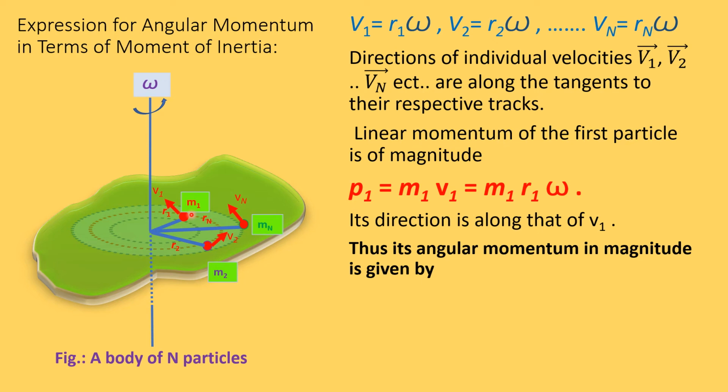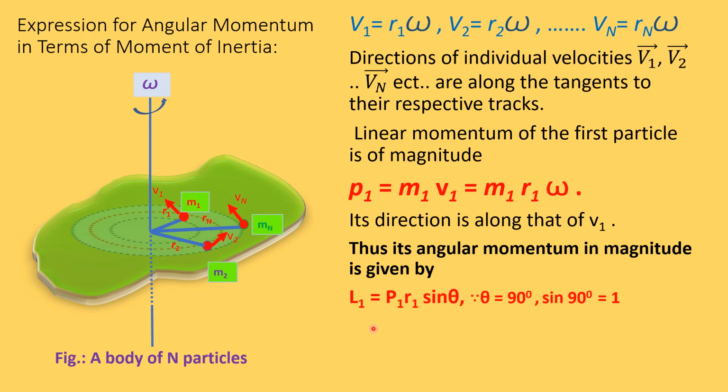Now, we can calculate the angular momentum in its magnitude as L1 is equal to P1 R1 sine theta. Here, as the direction is tangent to this circular track, theta is 90 degrees, and sine 90 is equal to 1.